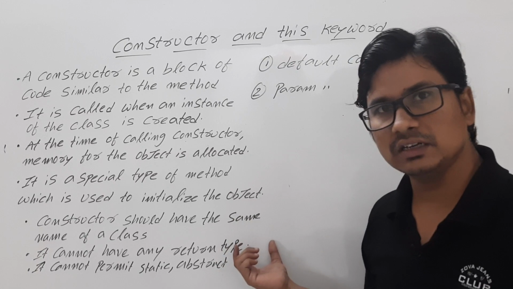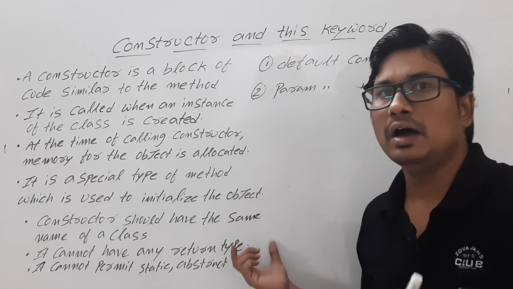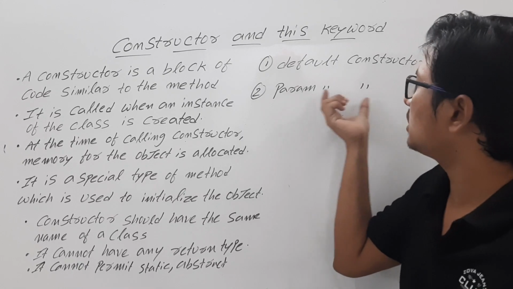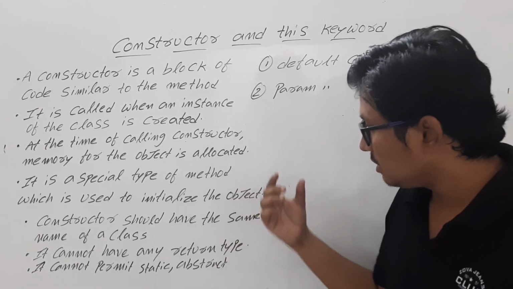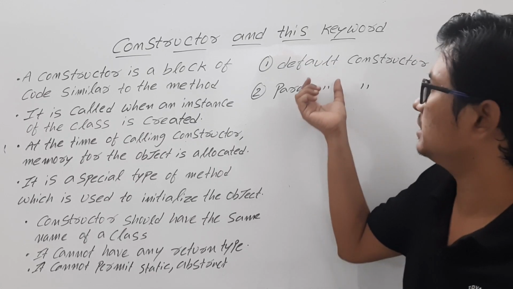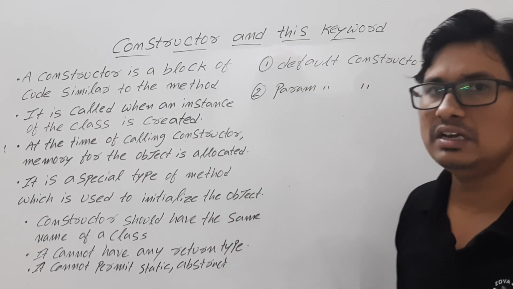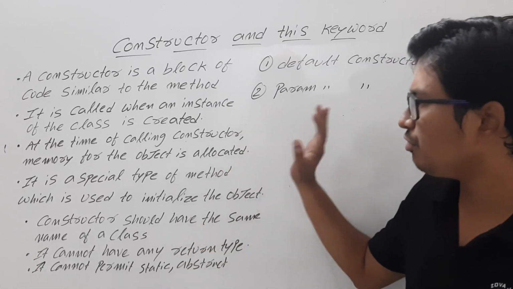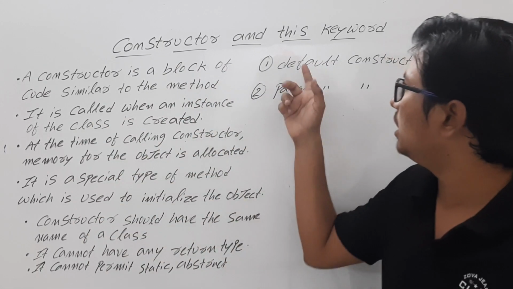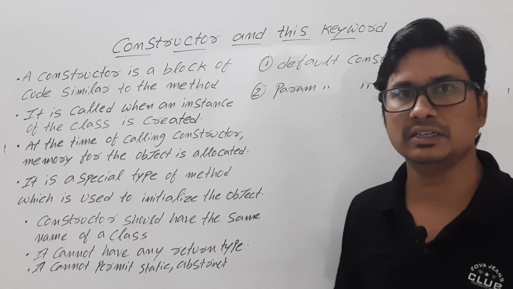Similarly, a constructor can have parameters; such a constructor we will call a parameterized constructor. A constructor that has no arguments or parameters we will call a default constructor. Now for better understanding, I will write a program and discuss the default constructor and parameterized constructor.